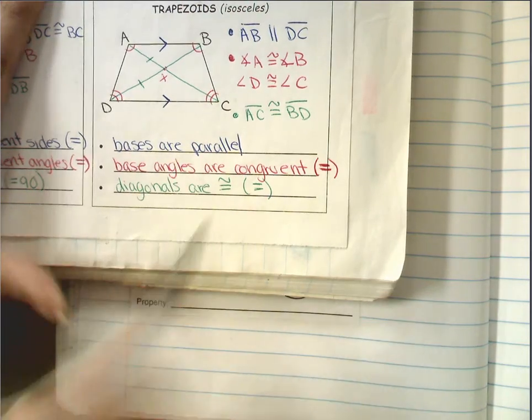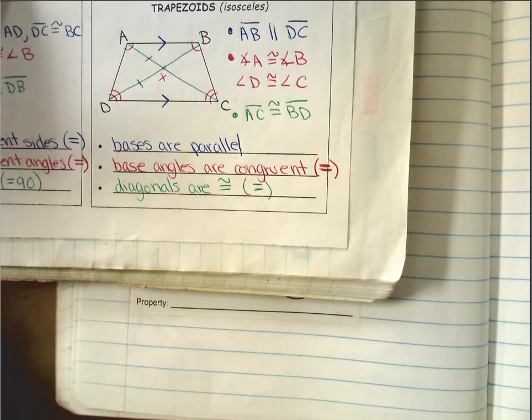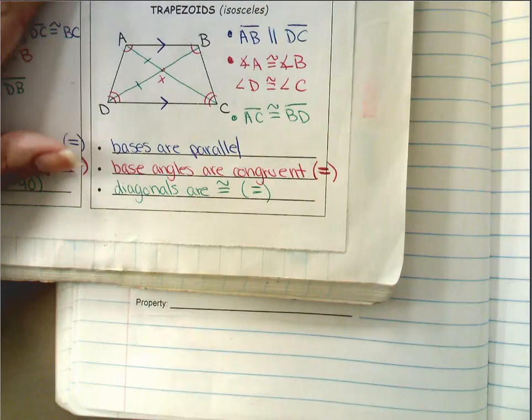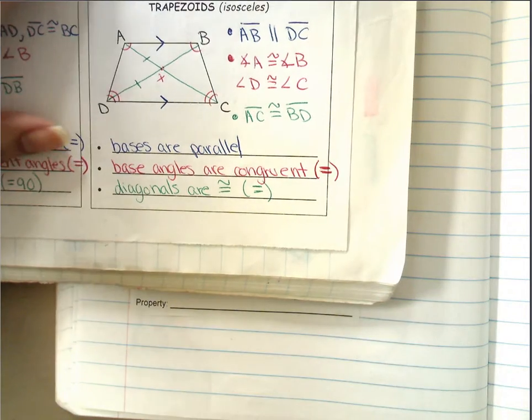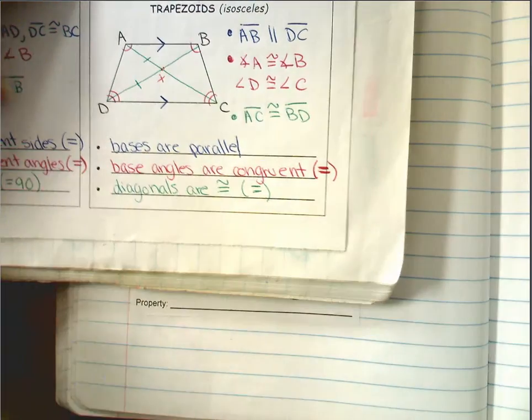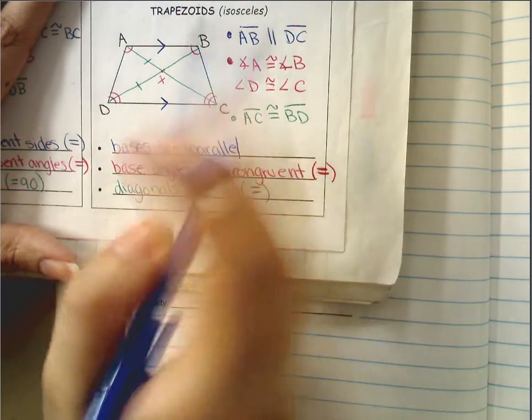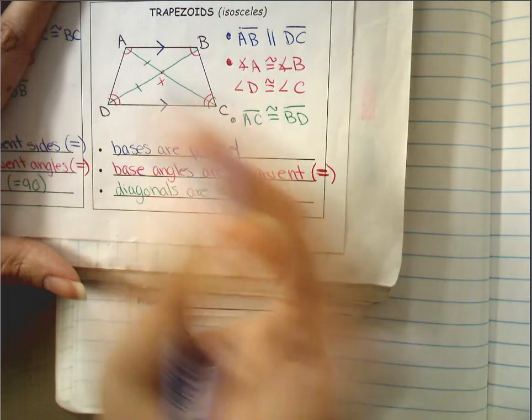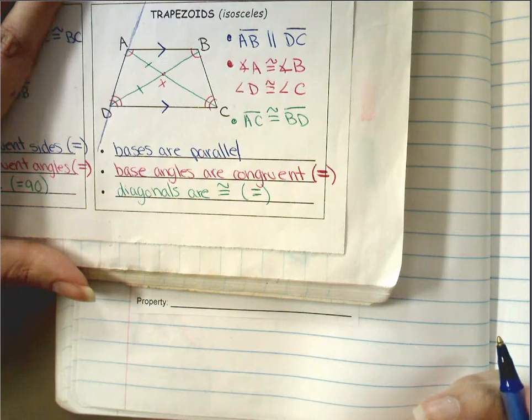And then I have bases are parallel. This is going to help me if we remember from last semester something that we learned about parallel lines. So last semester we worked with parallel lines and transversal. So if my top and bottom sides, the bases of my trapezoid, are parallel, then this line right here would be like the transversal. It's just a line that's cutting through those 2 lines.